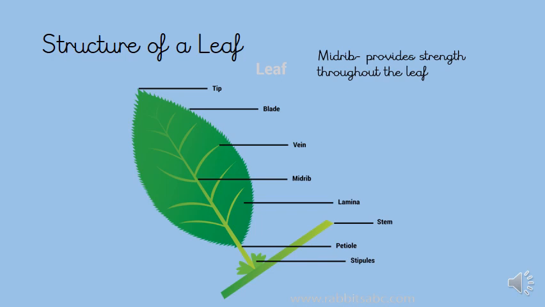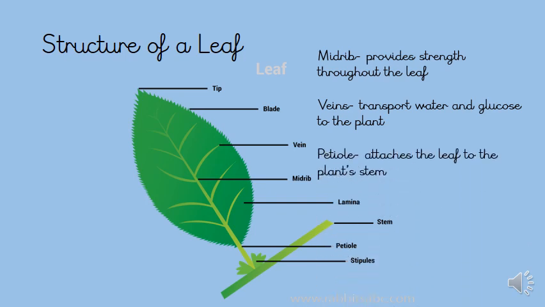A midrib provides strength throughout the leaf and helps to keep it upright and sturdy in the wind. Veins transport water and glucose to the plant, so they give the plant energy. And the petiole attaches the leaf to the plant's stem.